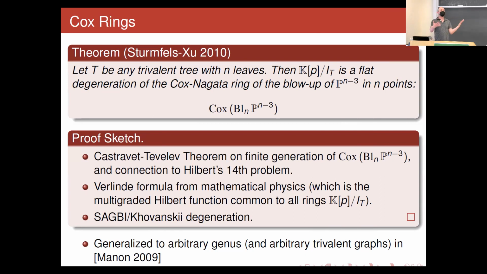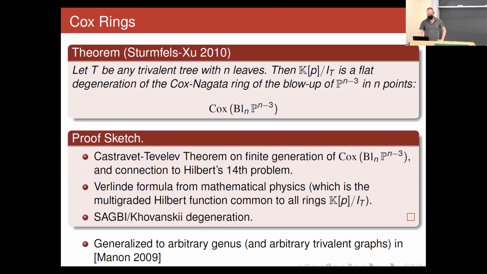But there are lots of other situations where you could ask, does something like this work? We have all kinds of different families of models, each one has a tree. What do the Hilbert functions look like? What's the analog of the Grassmannian or this Cox ring? How do those things all fit together? I have no idea if it has any application to phylogenetics, but it's just interesting algebraic geometry that is related here.